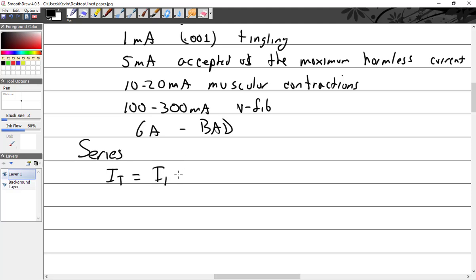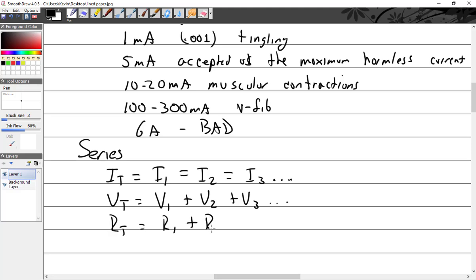I1 equals I2 equals I3. And voltage total equals V1 plus V2 plus V3. And resistance total equals R1 plus R2 plus R3.